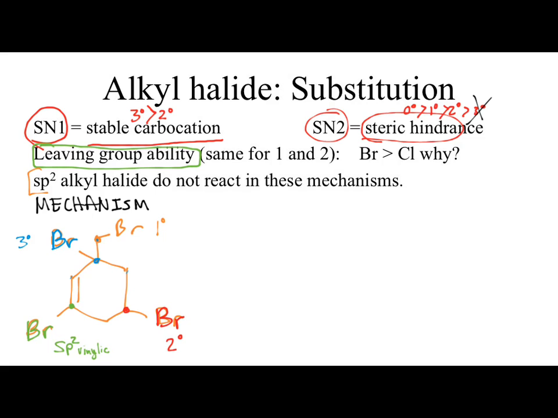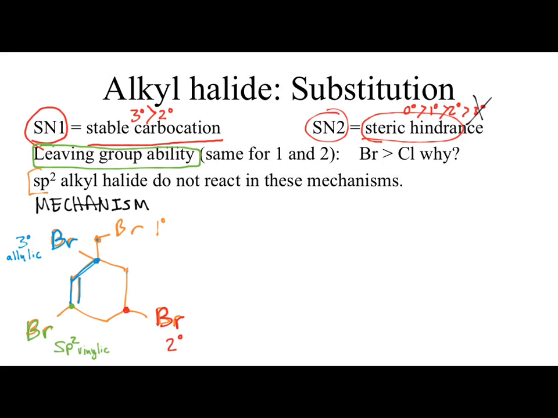There's another name that you might see floating around out there, particularly for the blue bromide. That blue bromide is more special than just a straight up tertiary. What's extra special about it? It's one bond away from a double bond, making it allylic.